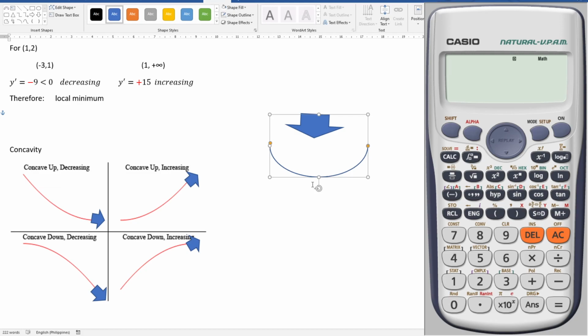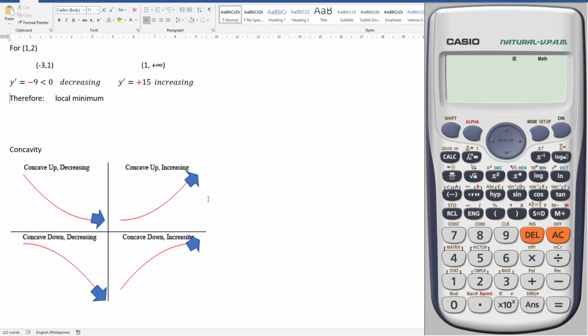So that is concave. And there are two types of concave: concave up and concave down. This one is a concave down, where the bowl is facing downwards. Concave up is when the bowl is facing upwards. And then there are two types of each.